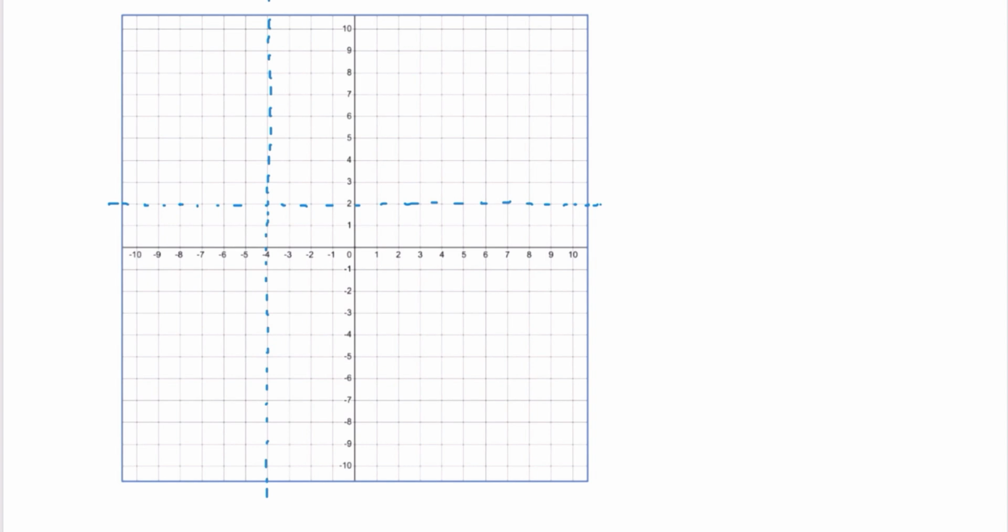Some points that we know are on the graph are the x-intercept, which is at 1/2, and the y-intercept, at negative 1/4. We also know that there is a hole in the graph at 3, 5/7. So at 3, 5/7, we have a hole in the graph. And that's really all the information we have.